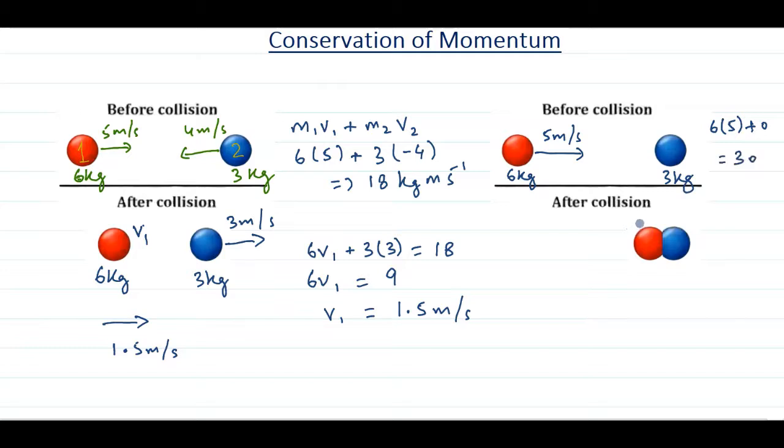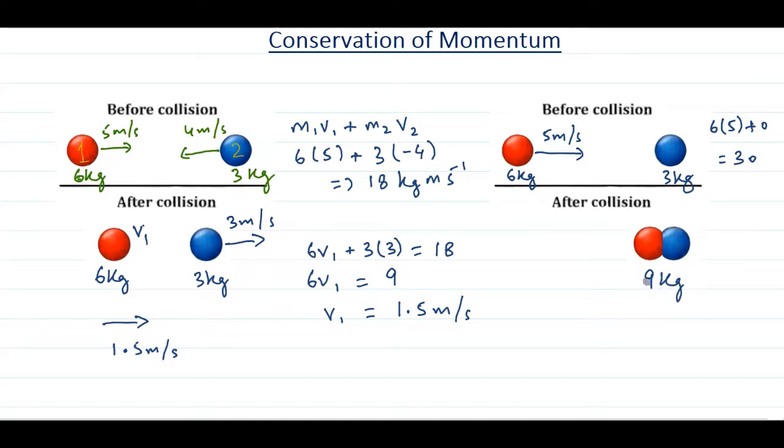Now what happens after the collision is that these two objects merge to become a single object. The mass of this single object is going to be 6 plus 3, which is 9 kilograms. So using conservation of momentum, we can find out the speed at which this single object is going to be moving after the collision.